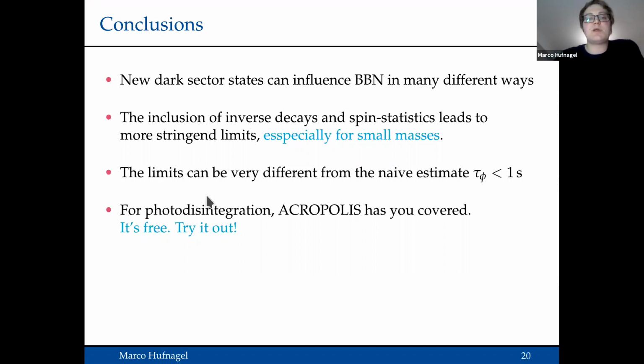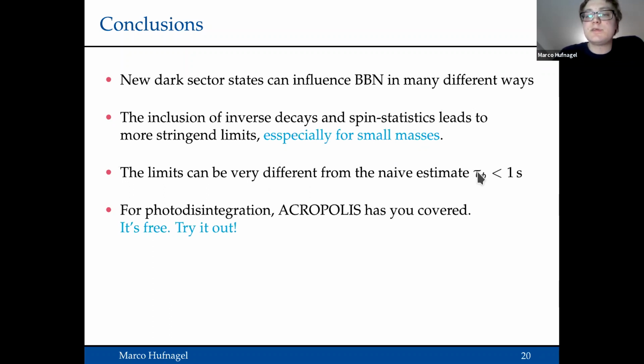We especially applied this to the case of dark sectors with particles that can decay into electromagnetic radiation. For the first time, we also included the effects of inverse decays and spin statistics, which can lead to vastly more stringent limits, especially for small masses, where you essentially exclude independently of the lifetime. But also in the more traditional regions, the limits can be very different from the naive estimate.